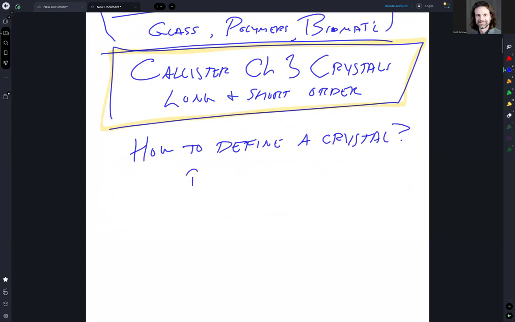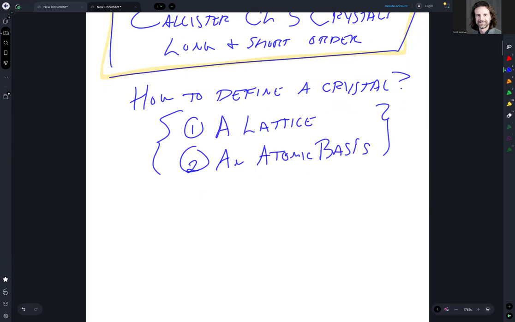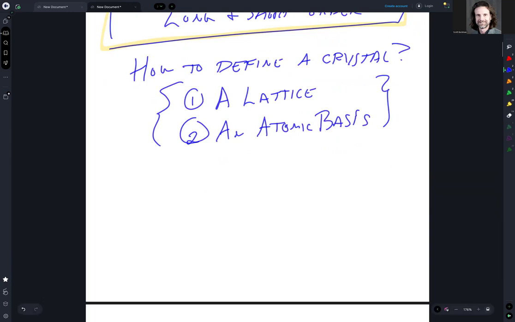One is a lattice, and two, an atomic basis. And you need both of these to have a crystal, and you need to quantitatively define these to define the structure.